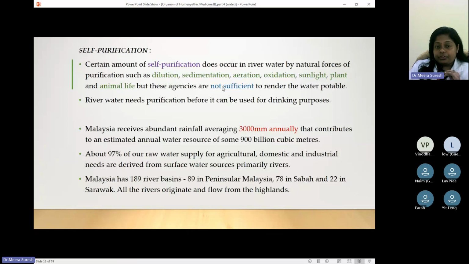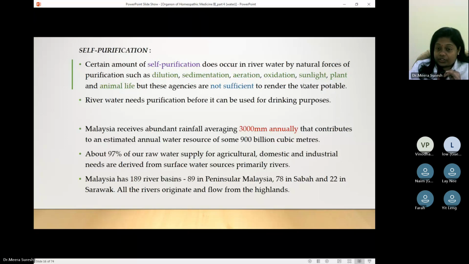So what self purification is seen in river water? There is much dilution because the water is continuously flowing. There can be sedimentation, where water collected for some time lets the heavier solids settle down. Aeration, because the wind and moving water supply some oxygen.